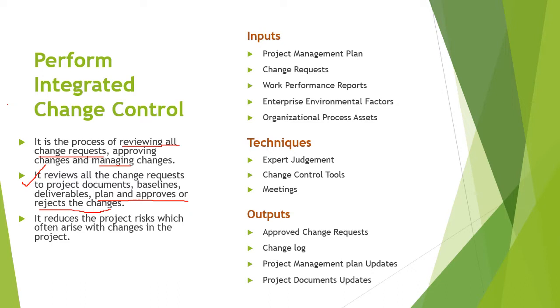Okay, so this process basically relates all the change requests to the present project documents, to the present baselines which have been set, and to the present deliverables. So we are going to review the impact of all the change requests on all these attributes, right?